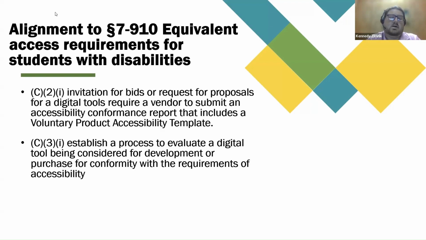Establish a process to evaluate a digital tool being considered for development or purchase for conformity with the requirements of accessibility. So in a few words, it's just saying the software that you purchase for students in the classroom has to be accessible, and there has to be a process for evaluating this accessibility.